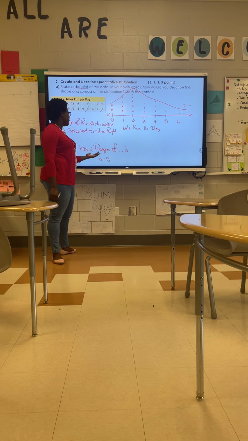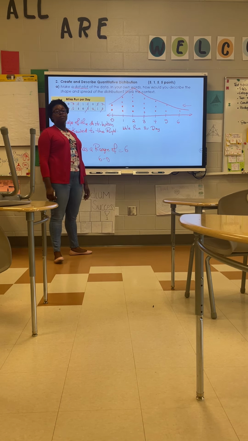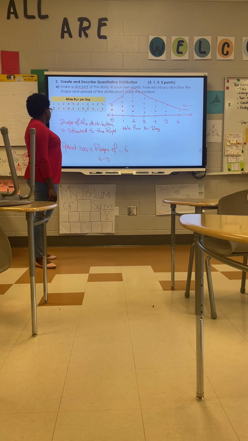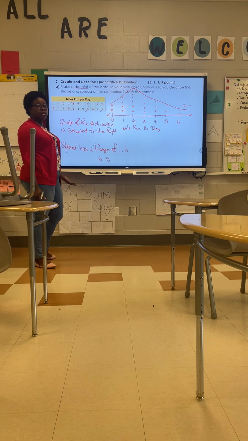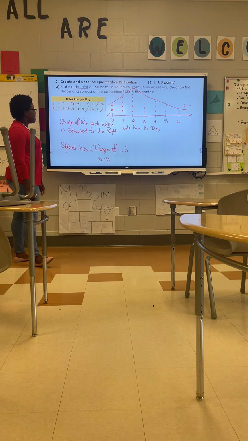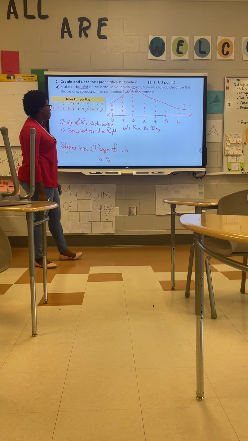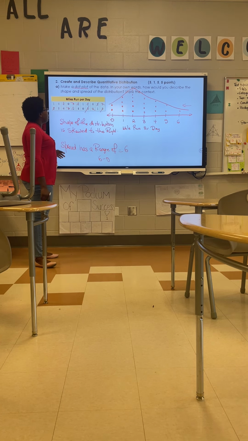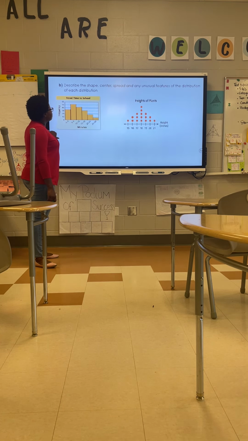So the range has a value of 6 miles, or you can say the data has a range of 6. Up to you how you describe it. That's basically how you describe your distribution, and that's where your points will come in. So the shape and the spread are already explained. Let's move on to the next one.